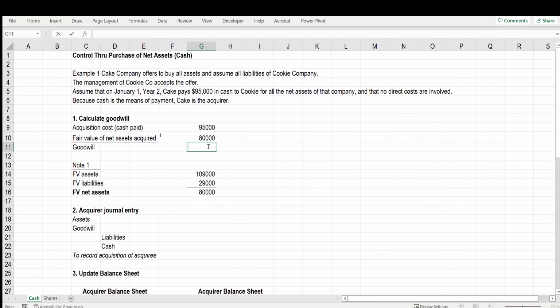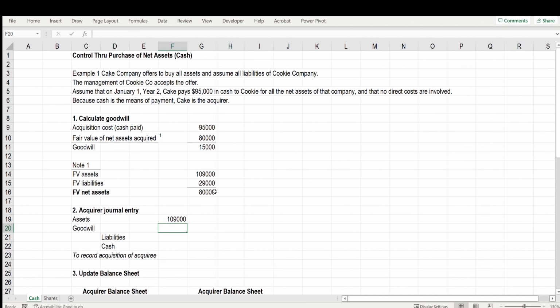And then the goodwill is simply the acquisition cost, 95, minus the fair value of the net assets, to have $15,000 for goodwill. The next step is to make a journal entry for our acquirer, Cake Company. We're going to be debiting the assets, which go up because we're acquiring them, in the amount of $109,000.